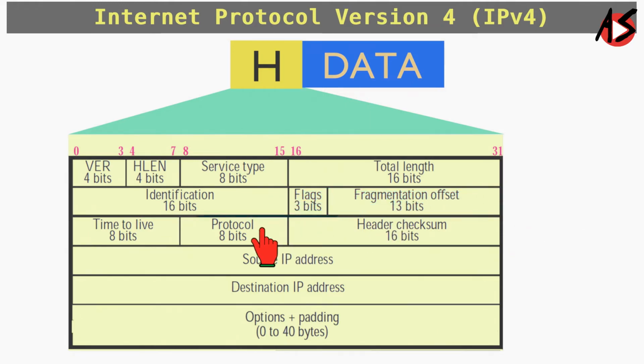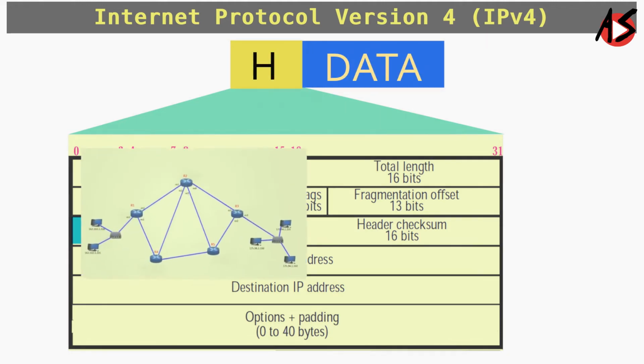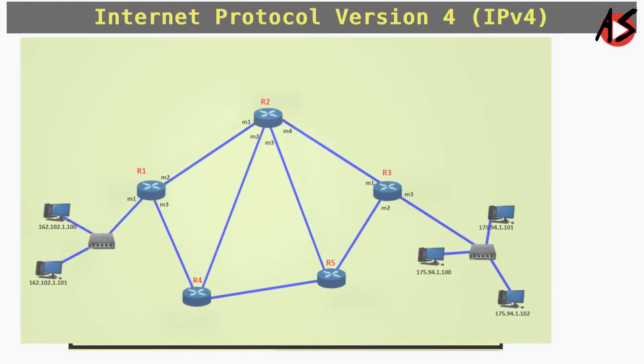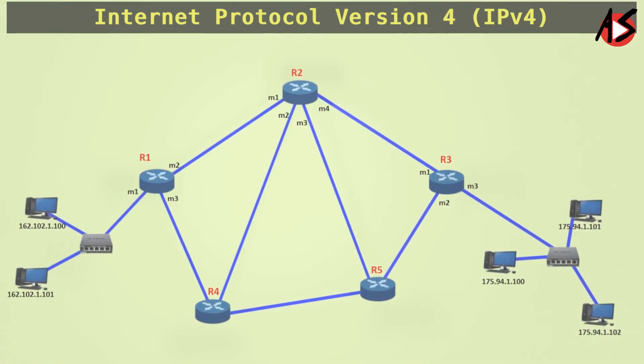The next 8 bits are for time to live. This field is needed because sometimes the routing table in the internet can be corrupted. A datagram may travel between 2 or more routers for a long time without ever getting delivered to the destination host. This field limits the lifetime of the datagram.